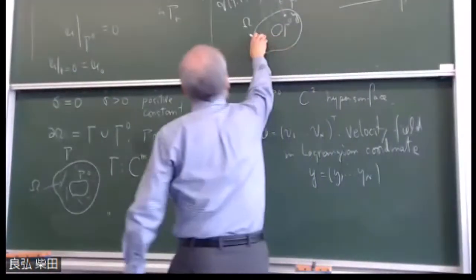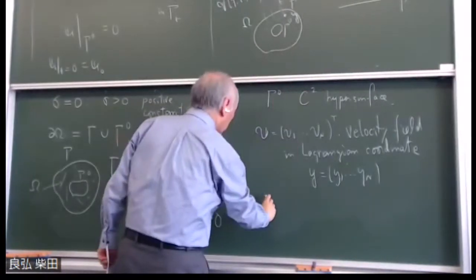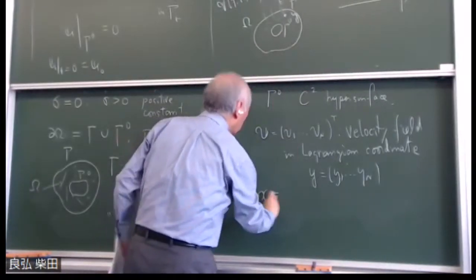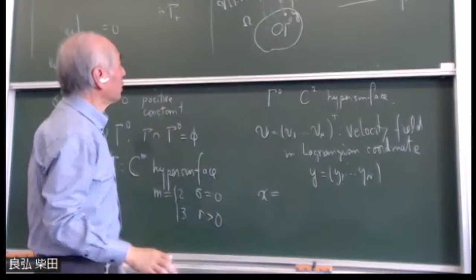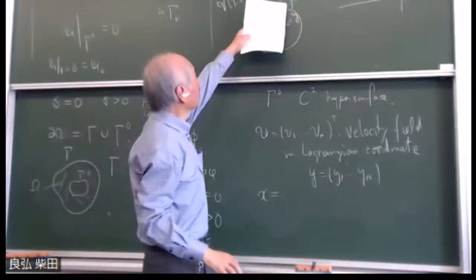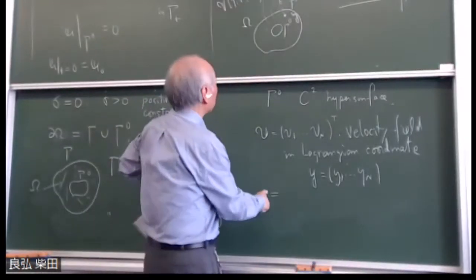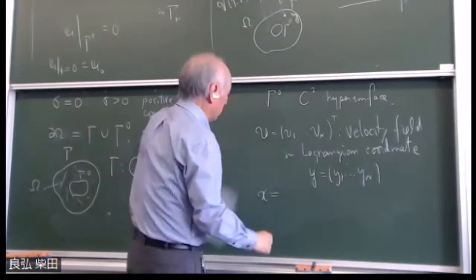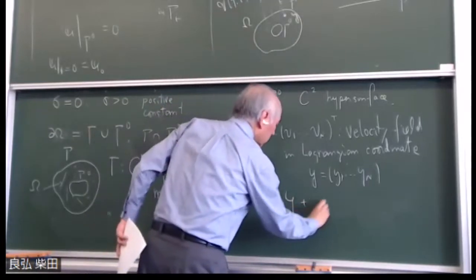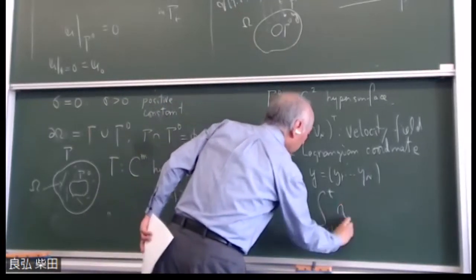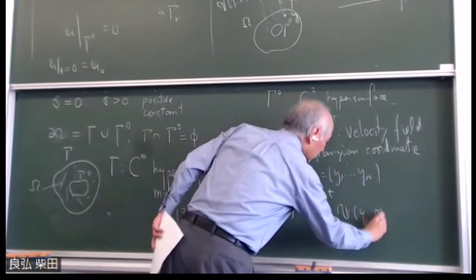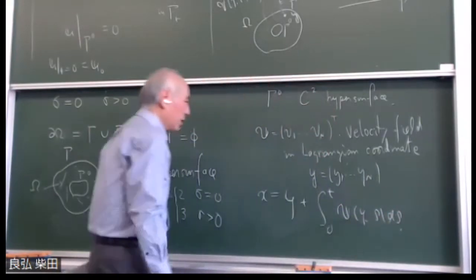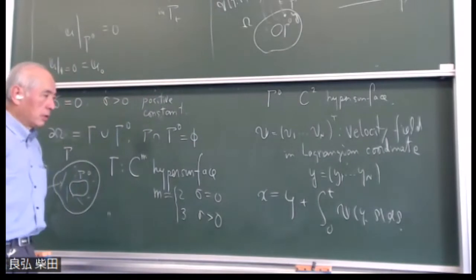Of course, this picture can be drawn with no phase transition, just the flow moving in this way. Then the Lagrangian coordinate x is y plus the integral from 0 to t of v ds.